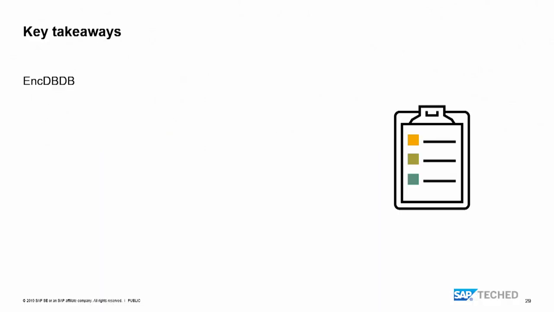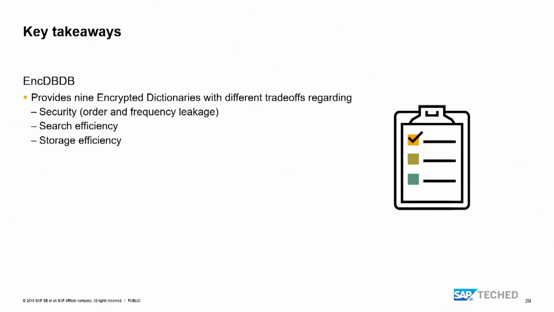Key takeaways. I presented to you EncDBDB with its main building block, the encrypted dictionaries. Those 9 encrypted dictionaries present different trade-offs regarding security, storage efficiency, and search efficiency. In Las Vegas, I was asked, which should I use? I don't want to decide for every column which one to use. And I'm a researcher, so I would say, yeah, do it.